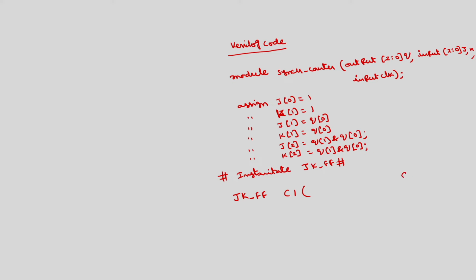The format is Q, J, K, then clock. For the first flip flop, we can give C0. What is Q? It is Q0, and the inputs are J0, K0, but what are J0, K0? 1, 1, and then clock.